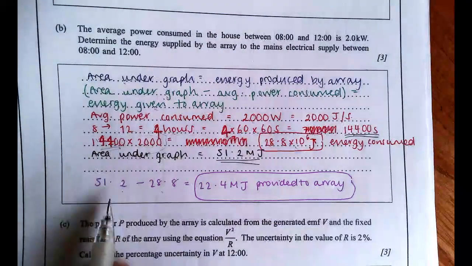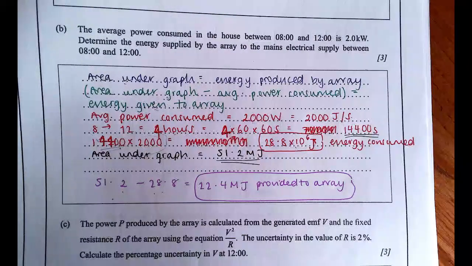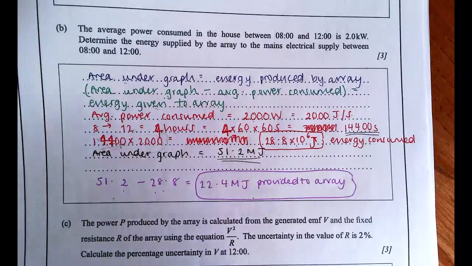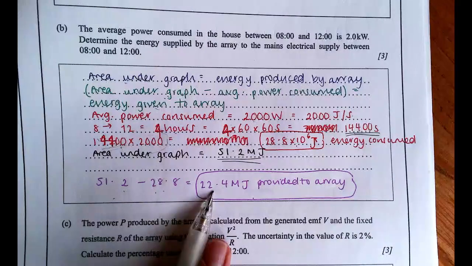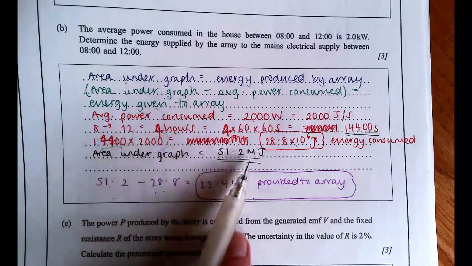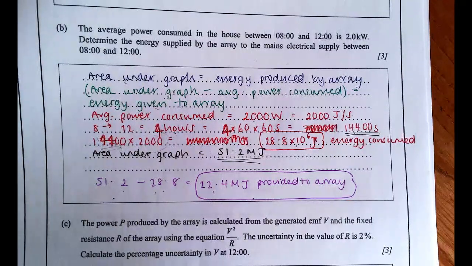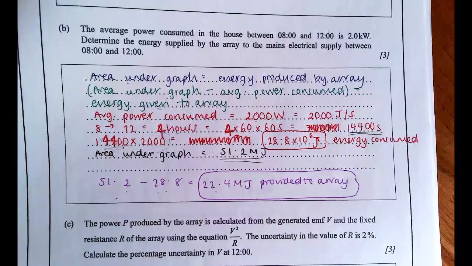So we just find the difference between the two to give us the energy that's given back to the electrical company. Again, your number might be slightly different because you might have a different estimate of the area, and that's fine. So long as it's reasonable, you will get the marks. There's a good range that you are allowed.